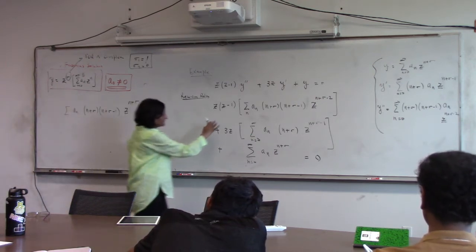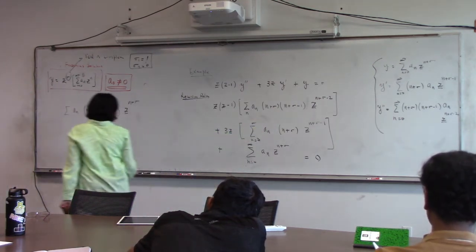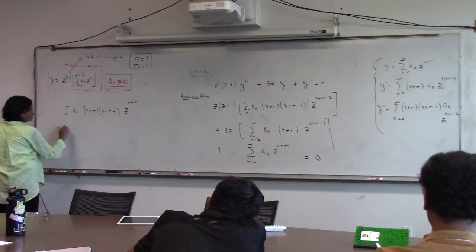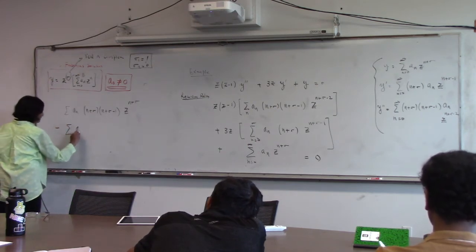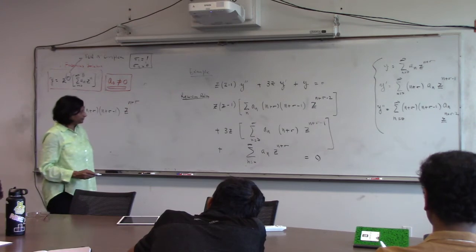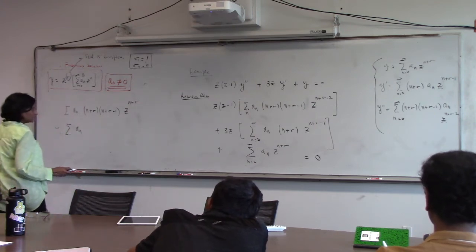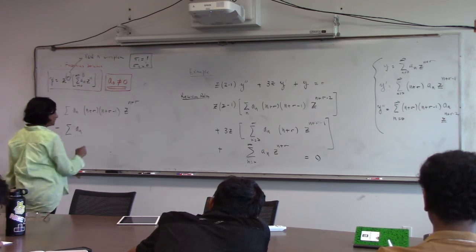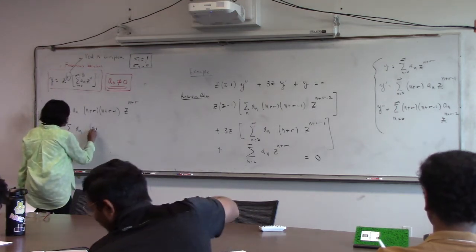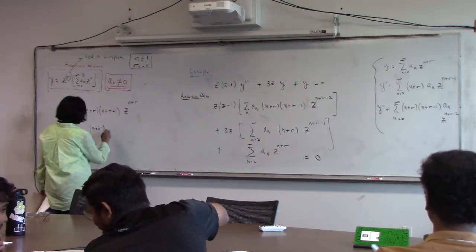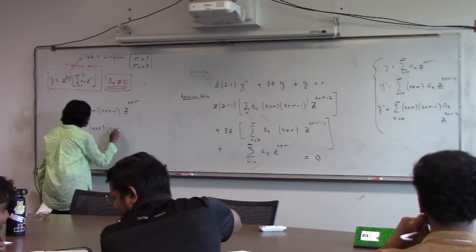Then I have minus z, right? So that will be minus a sub n. What is it? Minus z, that's what we do, right? Z squared minus z, n plus sigma, n plus sigma minus 1.